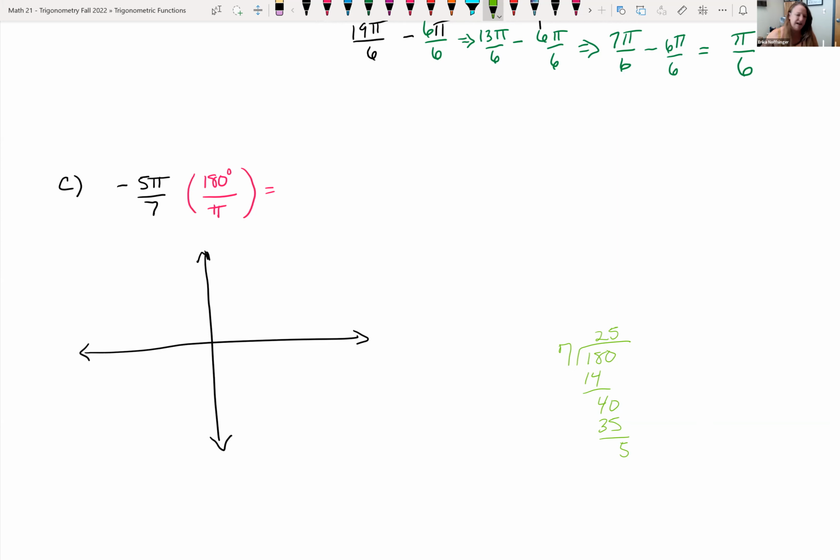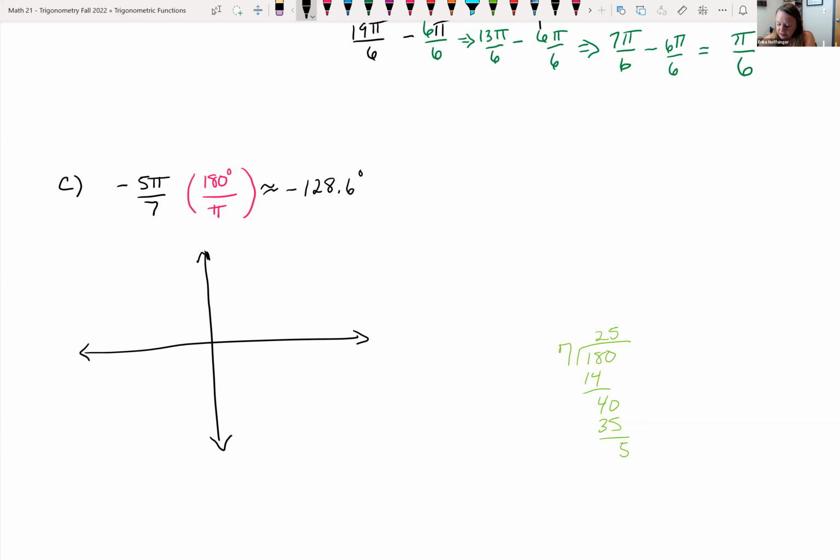So let's just get an approximation really quickly, just so I know what quadrant I'm in. So pulling up the calculator, we convert this to degrees. This is approximately negative 128.6 degrees.